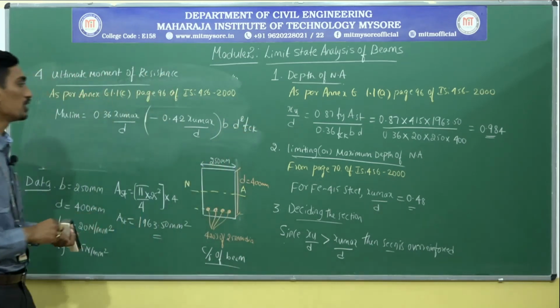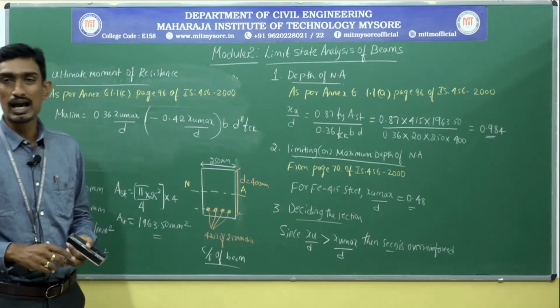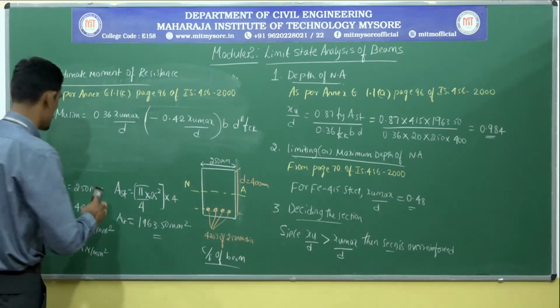So this is the formula we are going to use to calculate for the over reinforced section.